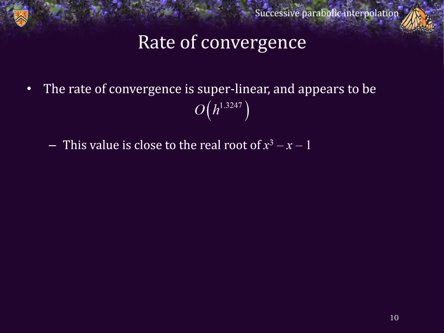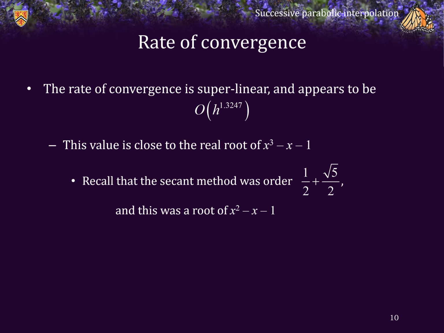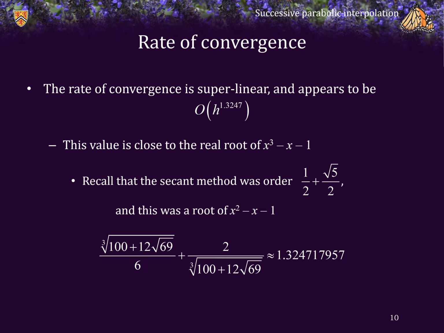Now, interestingly enough, this value appears to be very close to the real root of the polynomial x cubed minus x minus 1, and you'll recall that the convergence of the secant method was order h to the phi, where phi is the golden ratio, and the golden ratio itself was a root of the quadratic x squared minus x minus 1. So the root of this cubic is specifically this value here, which is, again, very close to what is actually observed.